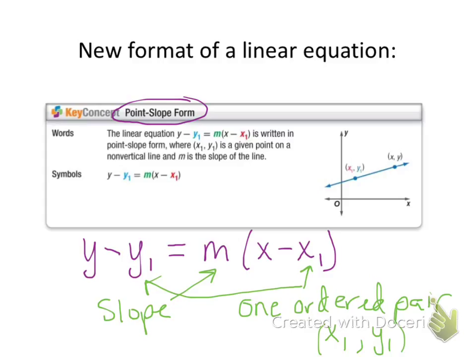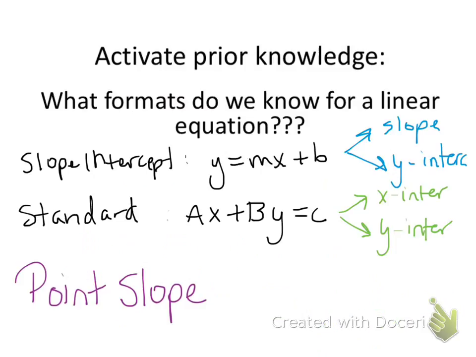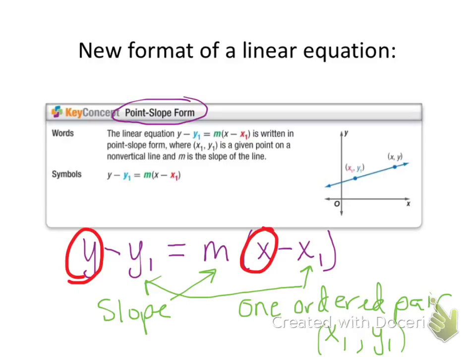Now, as you notice, you've got an x and a y. Just like in our other formats, there's an x and a y. Nothing gets plugged into those places. Those are the coordinates of future problems. Alright, so this again is called point-slope form. I highly recommend you write that down somewhere.